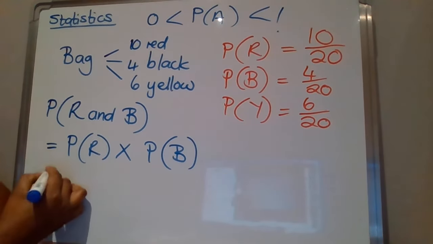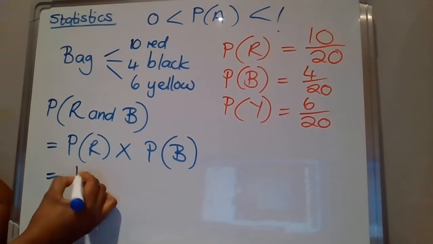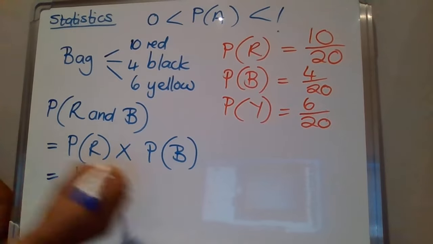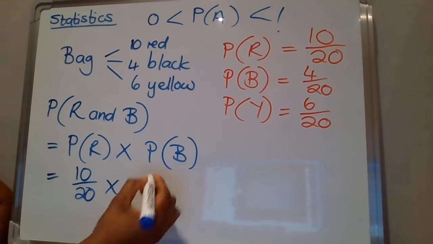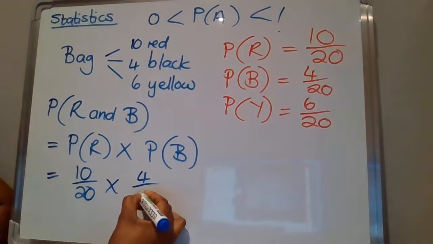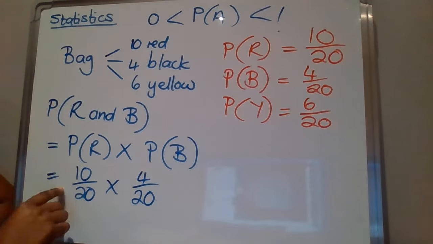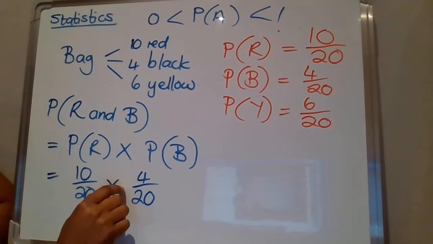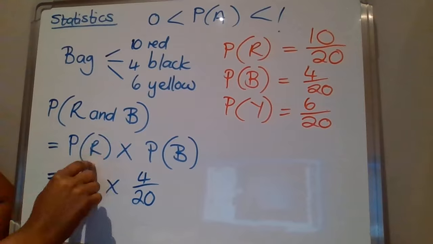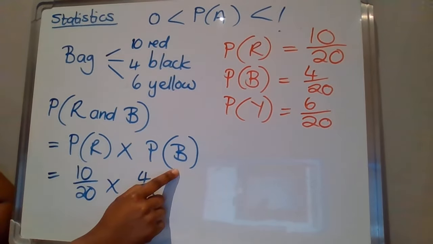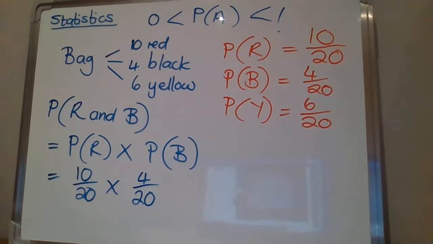So even when my probability of getting the red ball is 10 out of 20, and I multiply it by the probability of me getting a black ball, which is 4 out of 20, the number of possible outcomes is still the same. So which tells me that me getting a red ball is not going to affect me getting a black ball. All right?